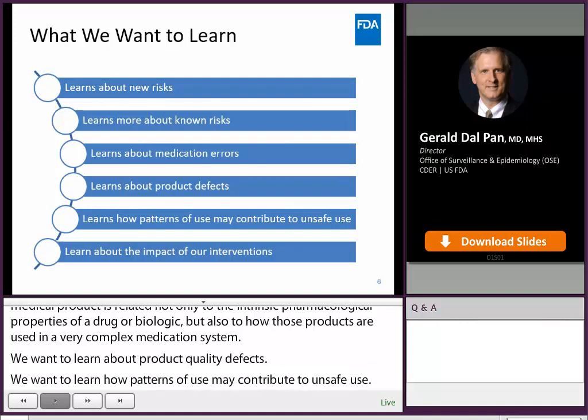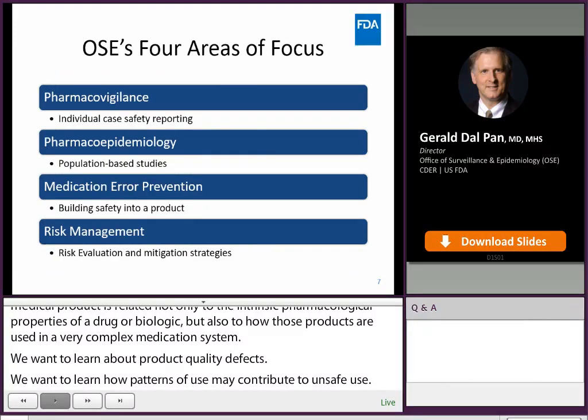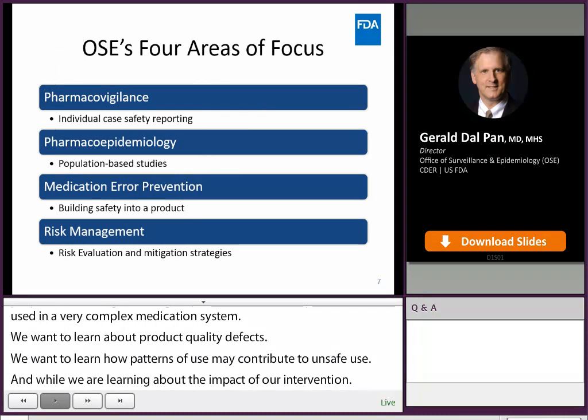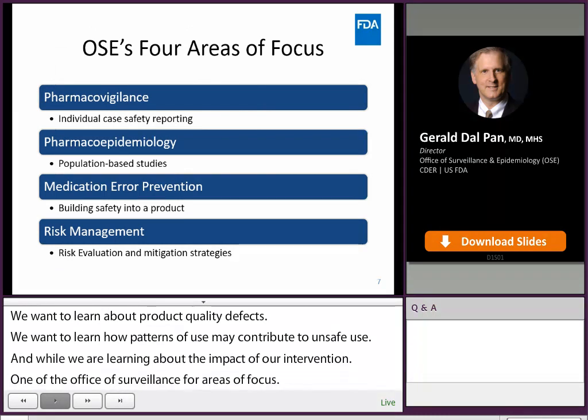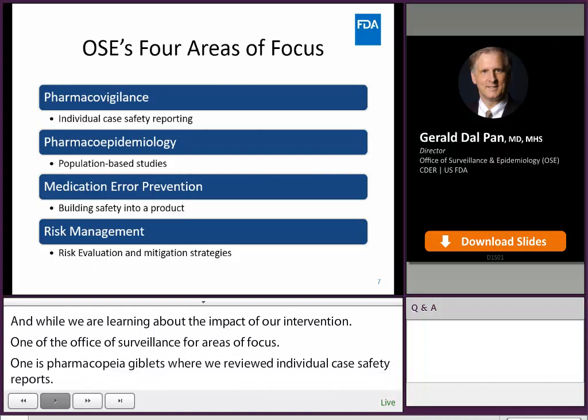So what are the Office of Surveillance and Epidemiology's four areas of focus? One is pharmacovigilance. We review individual case safety reports, the majority from our FDA Adverse Event Reporting System, but also from poison control centers, the medical literature, and other sources.